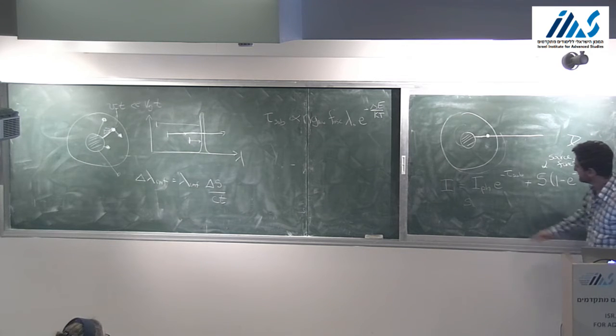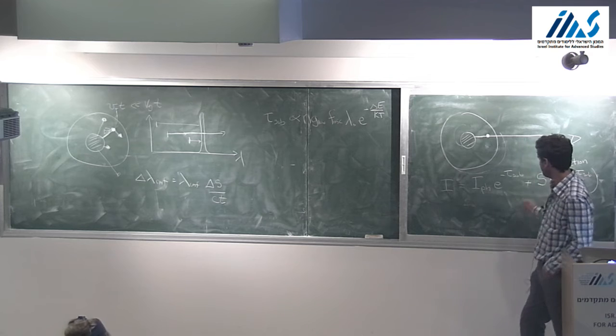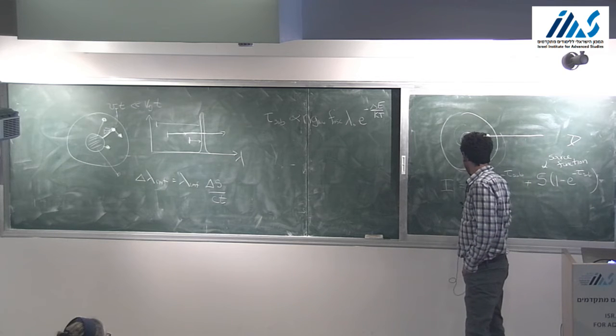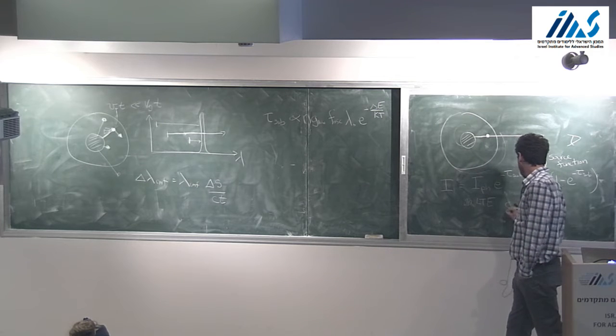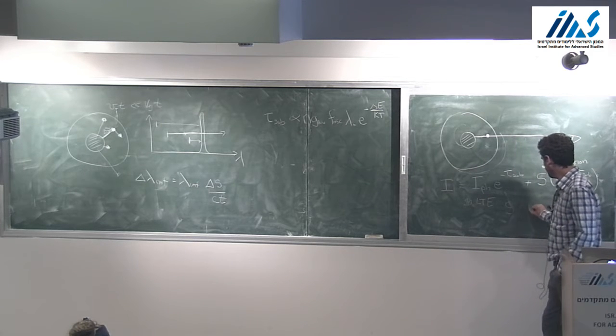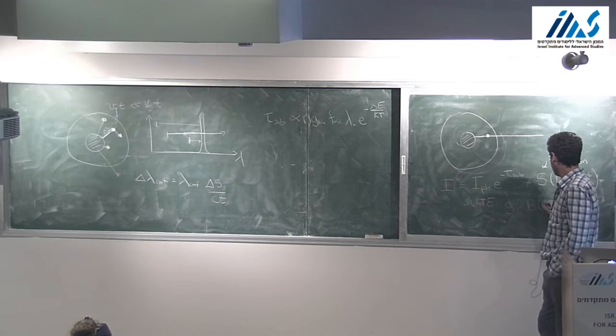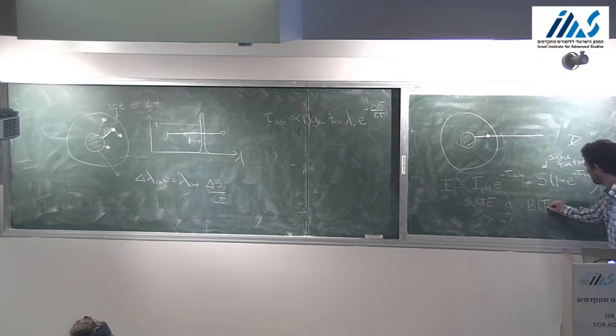And in those notes that I have there, I'll give you various ways that you can estimate it. But basically, in LTE, that source function would just be the Planck function at whatever temperature you have in this resonance region here.